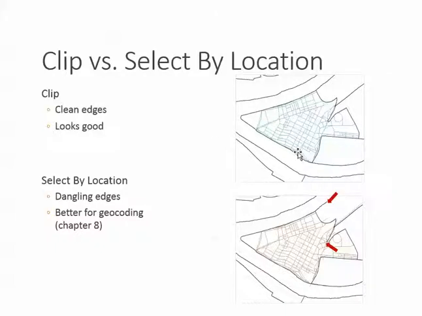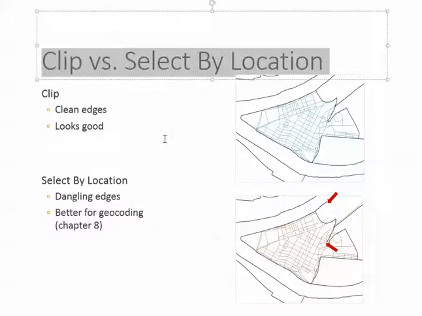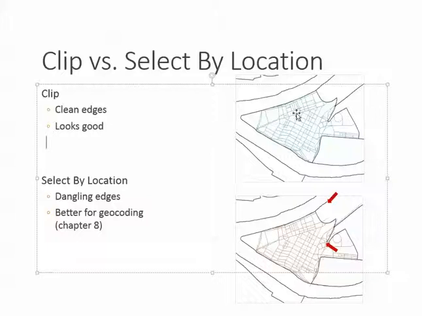And it depends on what you're trying to do. You can create streets within downtown Pittsburgh by simply using the Clip tool, and if aesthetic is what you're going for, you just want the map to look pretty, then fine, that works out just fine.